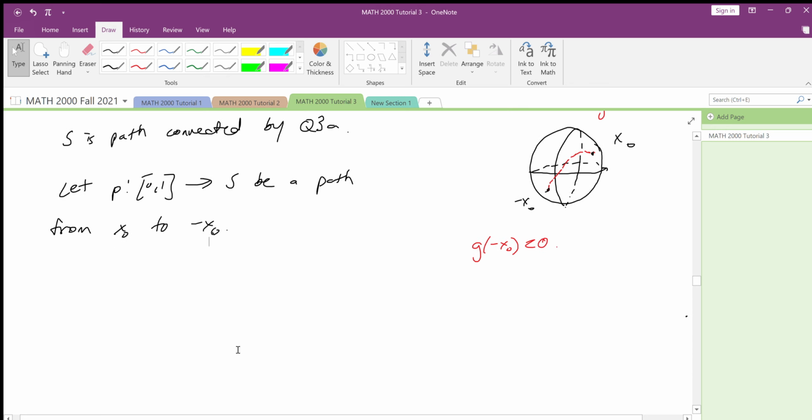Okay. If I were to take P and g and compose them, what do I get? I get that this is a continuous function.